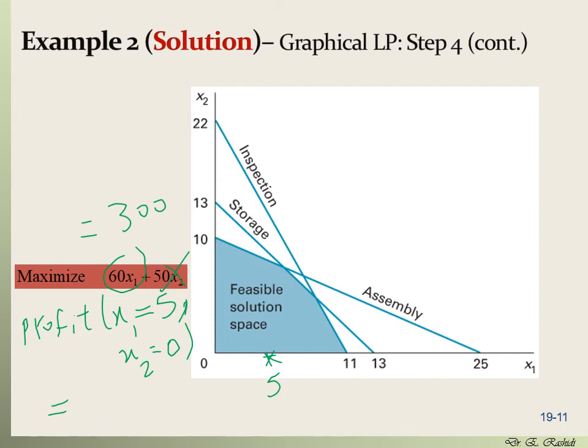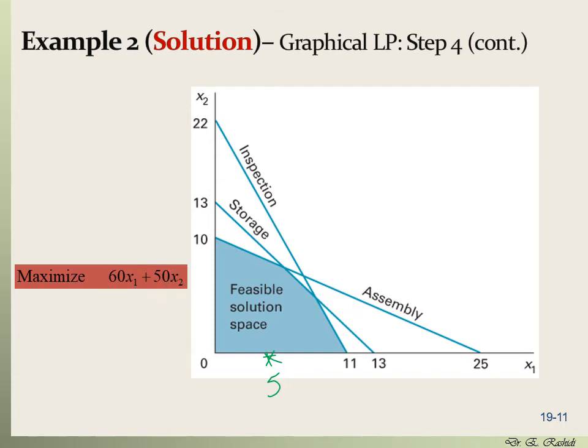One point we can find is on the x2 axis, and that is x1 equal to 0 and x2 equal to 6. So for this point, x2 is equal to 6 and x1 is equal to 0.